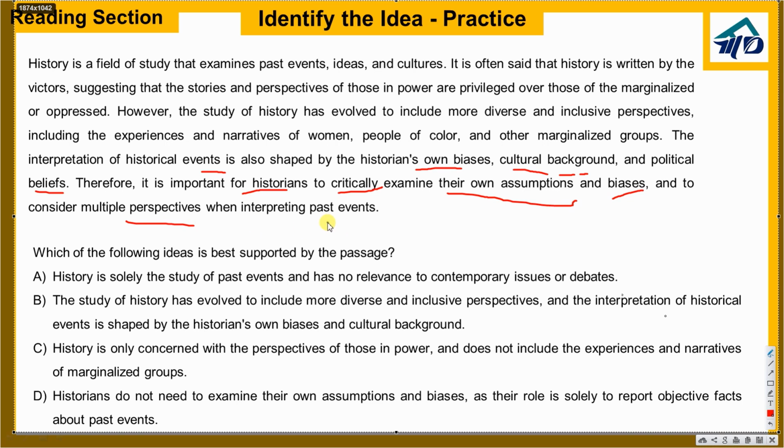Okay, so let's go through the options. History is solely the study of past events and has no relevance to contemporary issues or debates. So this is contradicting. Well, it is saying history has no relevance.